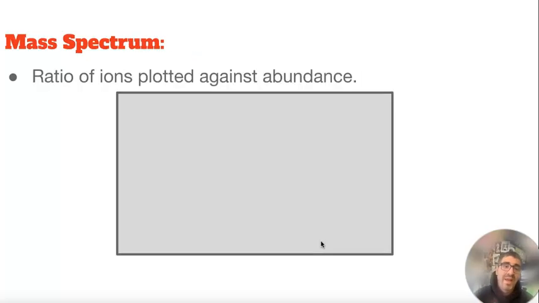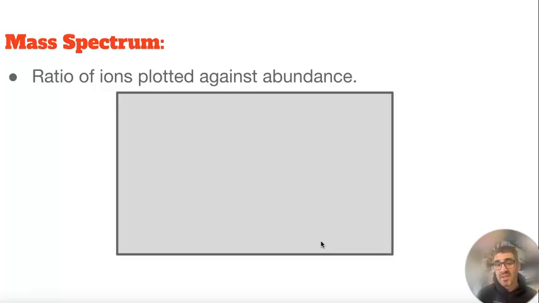So what happens when you subject a sample to mass spectroscopy and it spits out the information onto a computer? What you'll typically see is what is called a mass spectrum, and that is showing you the information from your sample.